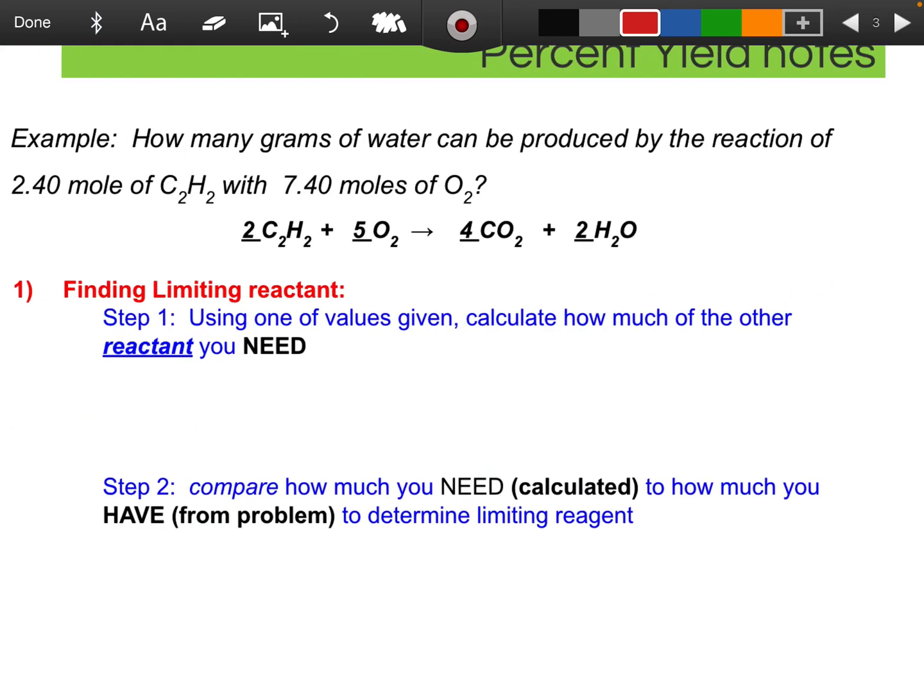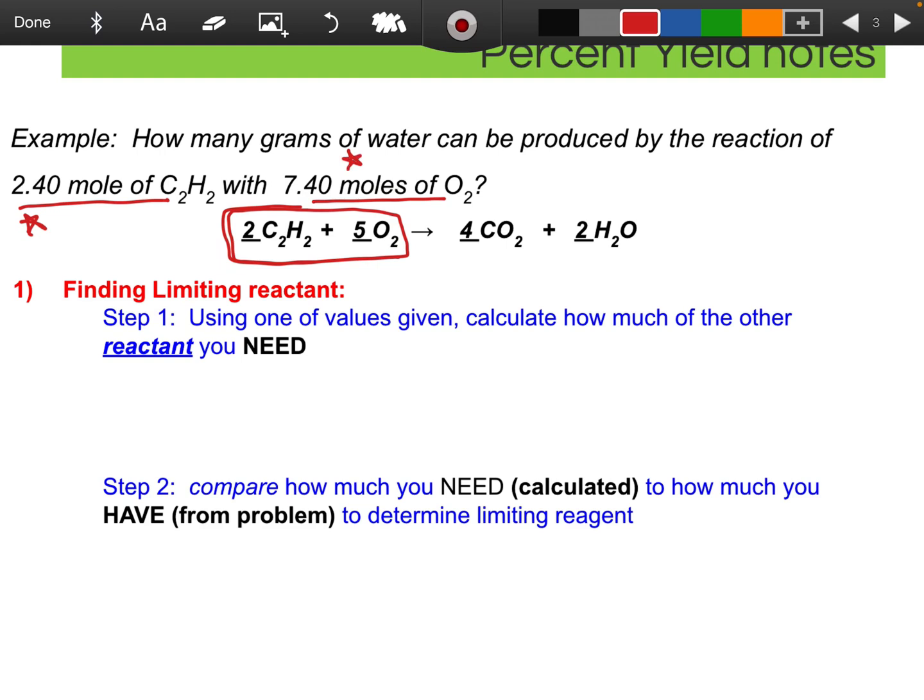So finding the limiting reactant is a review from what we did a day or so ago. You are given the amounts of C2H2 and the amounts of O2. So remember, when you're finding your limiting reactant, you are comparing the two reactants. One thing that's different about this equation is that the values given in the problem are in moles.